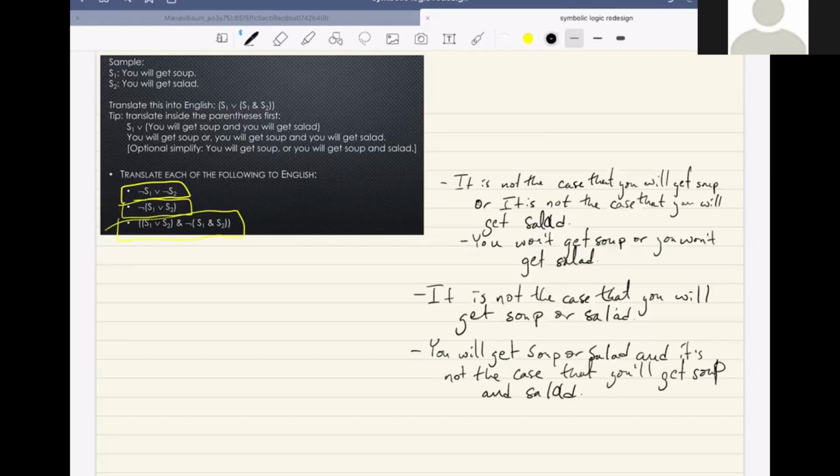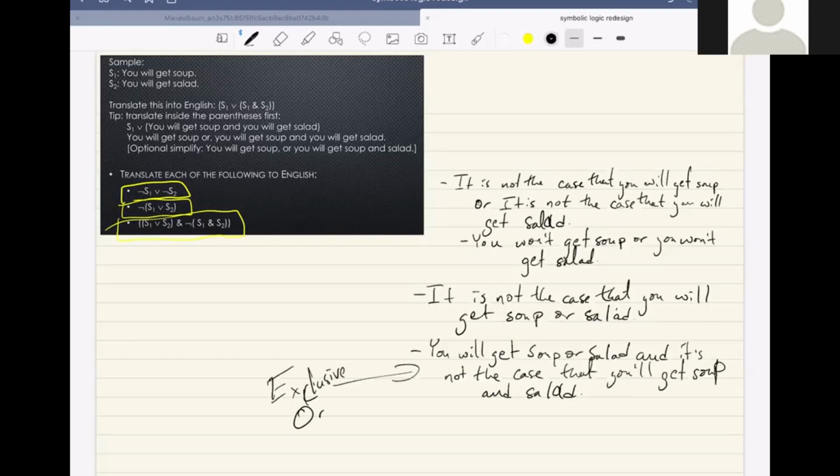And so this is what we could call the exclusive OR. This is the OR that's in place when you go to a restaurant and they say you get one or the other, but not both.